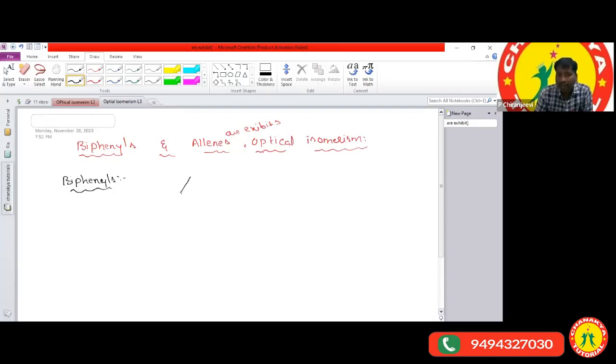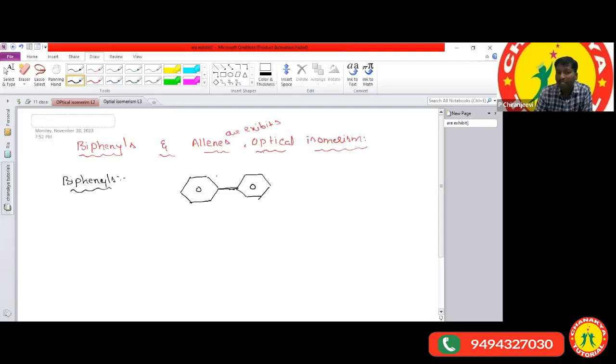Two phenyl rings, that means two benzene rings. This is one benzene ring and this is another benzene ring. If two benzene rings are connected with one sigma bond, we call that a biphenyl. When does a biphenyl exhibit optical isomerism?